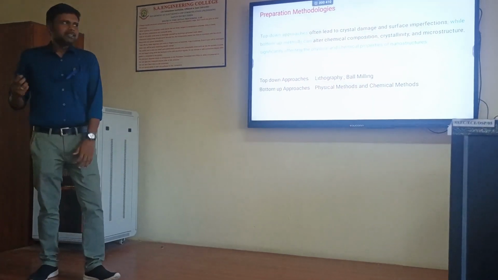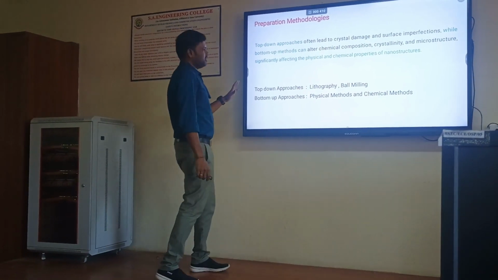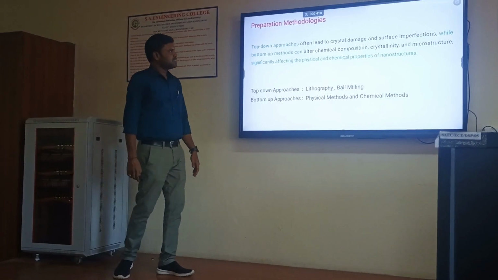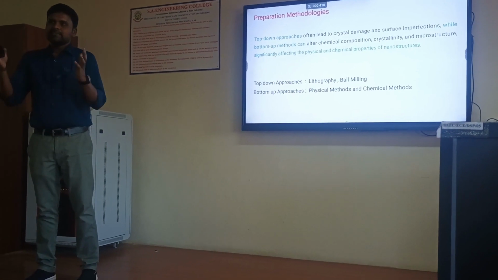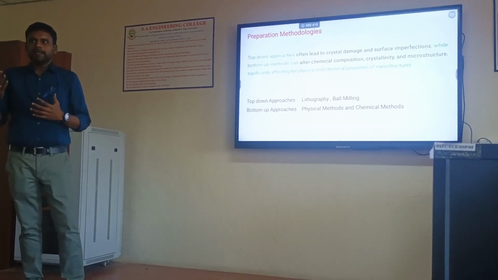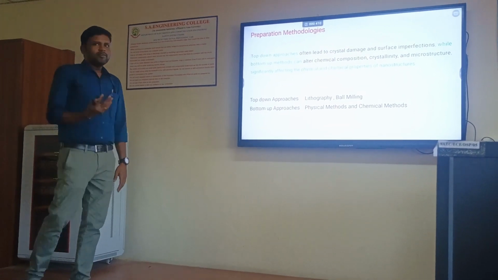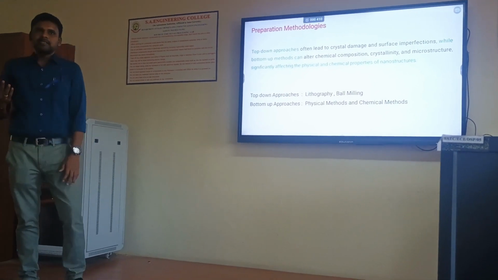I have put some categories of methods which can be used for the preparation. The top-down approach is where, as we have seen, we take the bulk system, break it down, and bring it to a smaller scale. But one disadvantage is that it leads to damage.